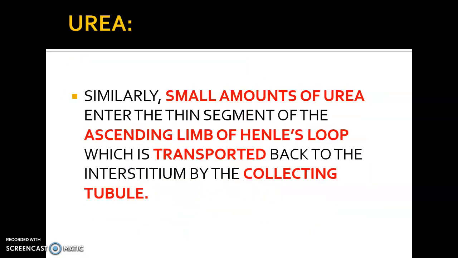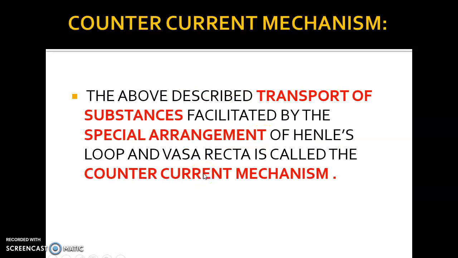In a similar fashion, let's have a look at how urea also helps in increasing the medullary interstitium osmolarity. Small amounts of urea enter the thin segment of the ascending limb of Henle's loop, which is transported back to the interstitium by the collecting tubule.